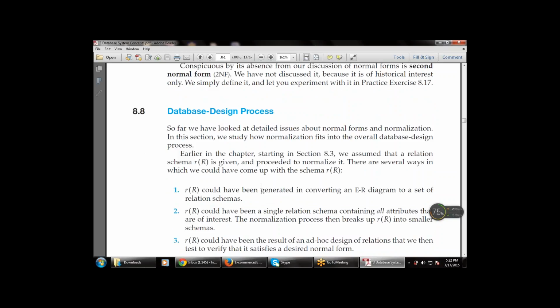There are several ways in which we can come up with the schema, that is, how to design the database and what schemas we can proceed to normalize. What are the various ways we come up with the relation R? The first point says R could have been generated by converting an ER diagram to a set of relation schemas, that is, the relational logical model for the ER model.